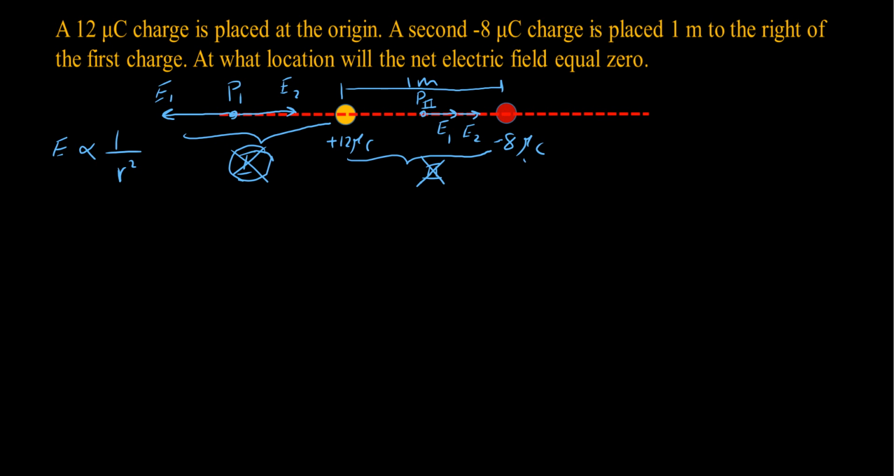Let's leave us with region 3. If I put my test charge here, at P3 in region 3, the electric field E1 generated by the 12 microcoulomb will be going away from it, whereas the one generated by the negative 8 microcoulomb will be going toward the negative 8 microcoulomb. This gives us a really good chance of having a point in region 3 where E1 and E2 are equal in magnitude and opposite in direction, so the total electric field can equal 0.